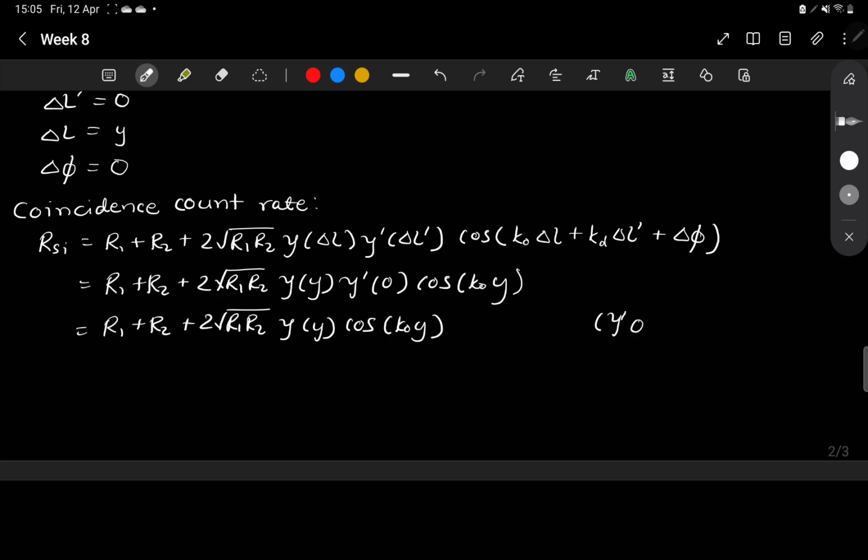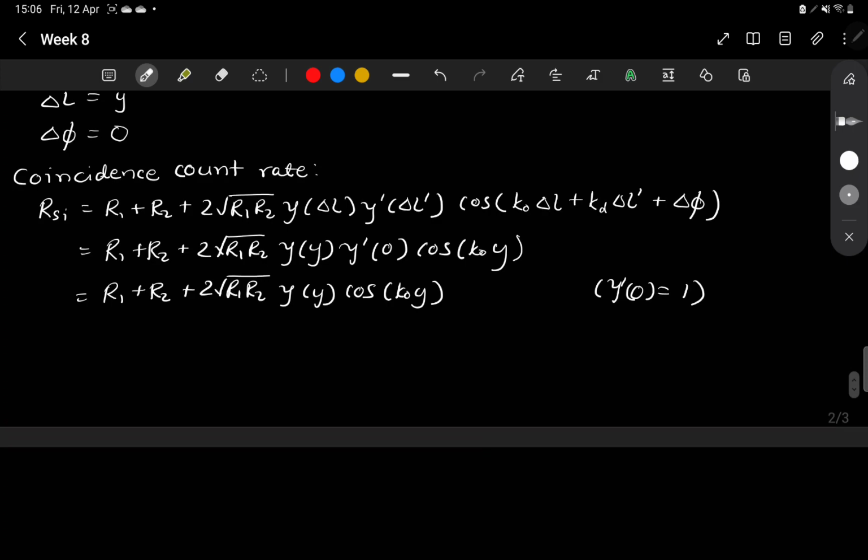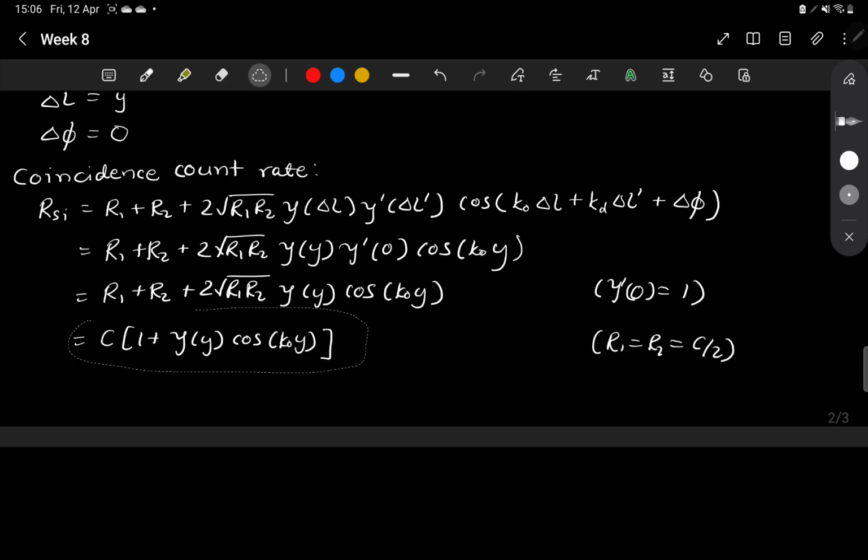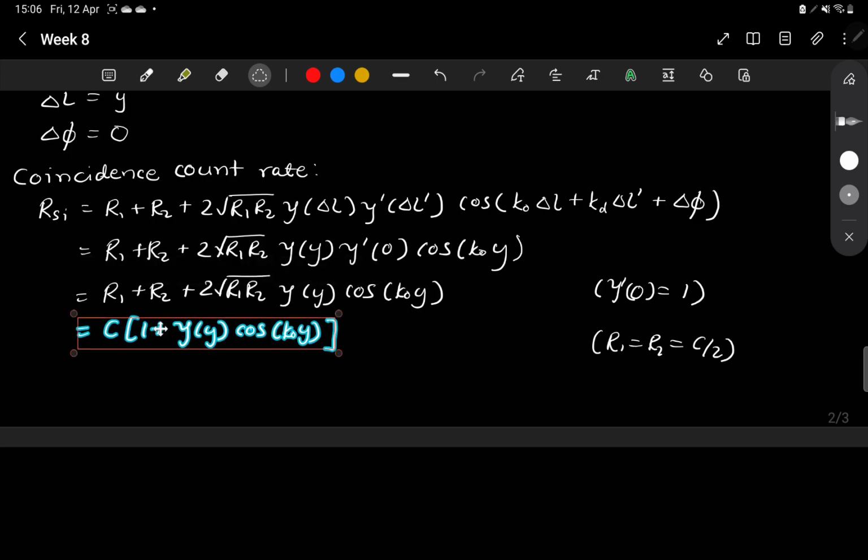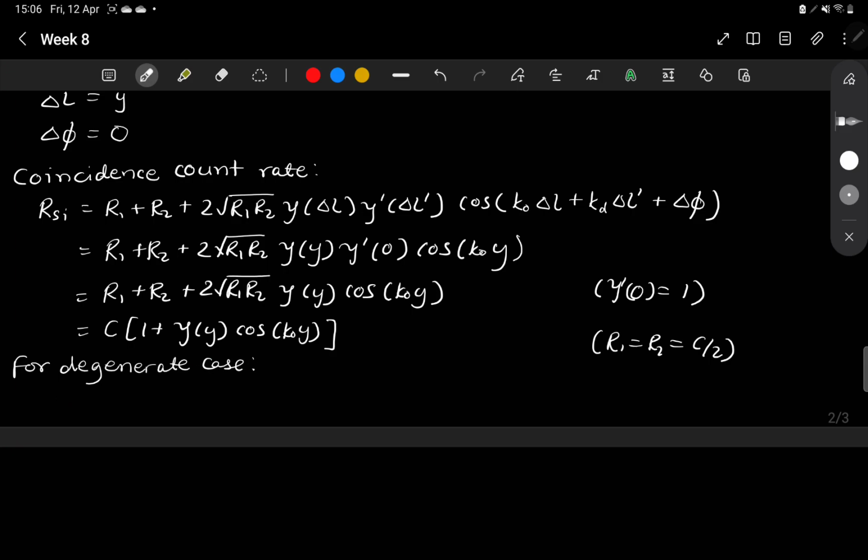Now gamma prime 0 is equal to 1, and this is equal to, if we keep R1 equals R2 equals C by 2, and now for the degenerate case, we have RSI equals the following.